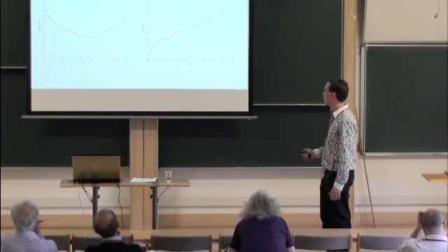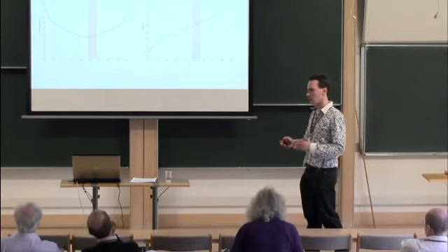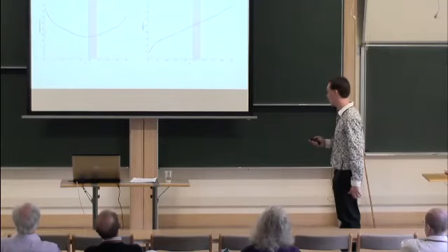You also see that here in the center, proportional sampling is optimal, but still we find a large reduction in sample size, and that's possibly due to the fact that in our test statistic we use all n samples, the whole set of samples, to estimate the positivity rate of the standard test instead of just the complete matched pair cases.